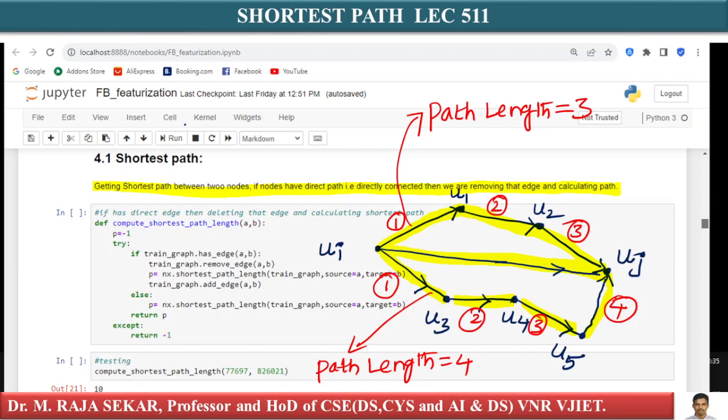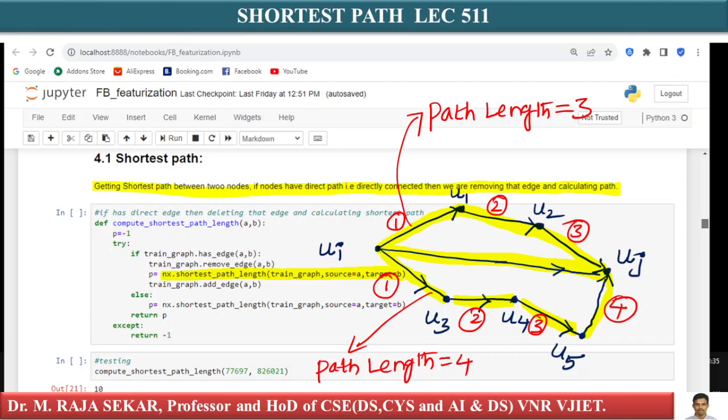The function is nx.shortest_path_length(train_graph, source=a, destination=b). We can get the shortest path length from the source vertex to the destination vertex in this graph, isn't it?